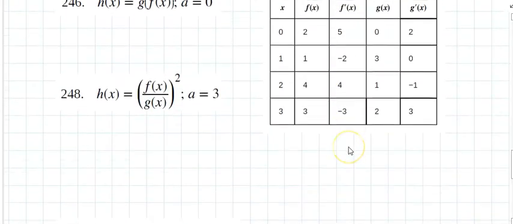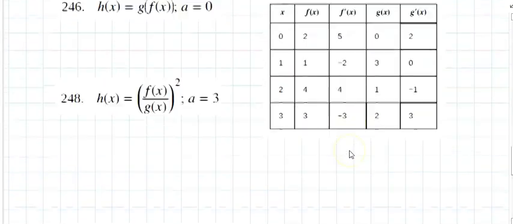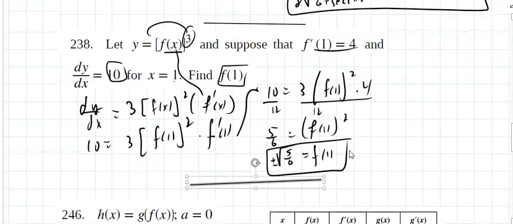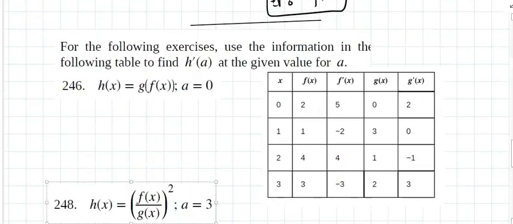How about this? What is that? Given h equal, oh, I forgot to copy directions, didn't I? Okay, well, they want us to take h prime at 0. Well, isn't this a composite?